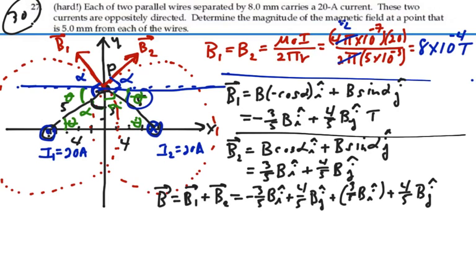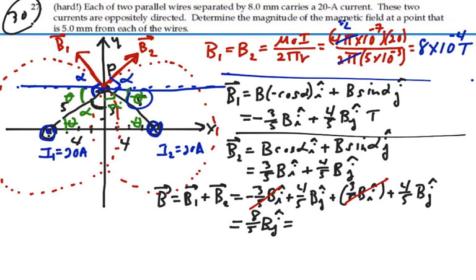And we can see then that the negative 3/5 and the positive 3/5 B i cancel out. So we're going to have 4/5 plus 4/5, which will give me 8/5 B in the j direction.